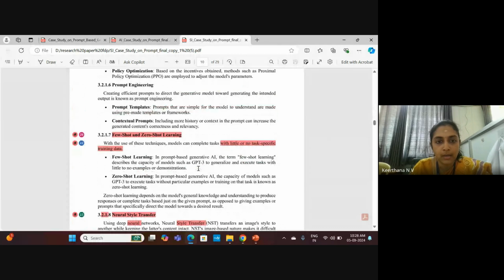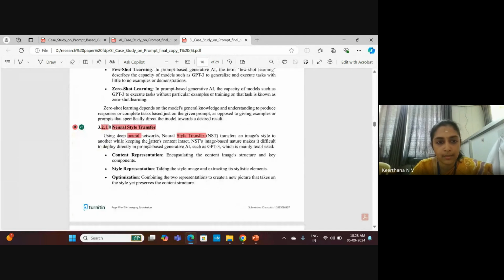If any plagiarism is shown in a heading, it can be considered acceptable. Here, few-shot and zero-shot learning is showing plagiarism. You can write it as zero-shot and few-shot learning; you can exchange those headings.